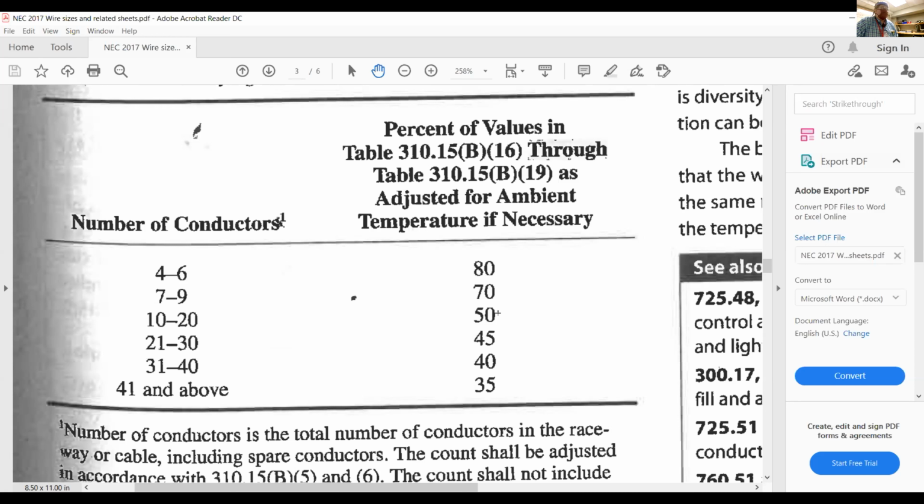Make sense? This is the way the electric code works. You have to do it twice, based on temperature adjustments and on the number of wires in the conduit. Yeah, correction factors and adjustment factors. Yeah, exactly.